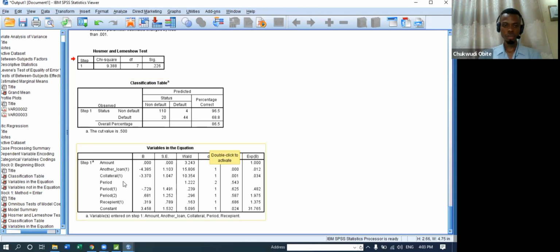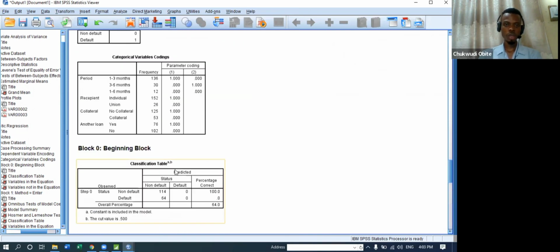Then is the regression coefficient. And we will use the significance of it, the p-value, to know whether it's significant or not. Then what we interpret mostly is this: the p-value, the regression coefficient B and the exponent of B. Now, it may look complex, but it's very simple.